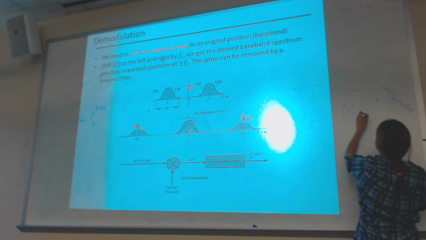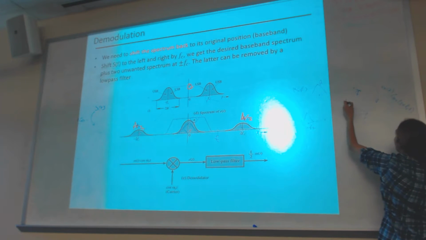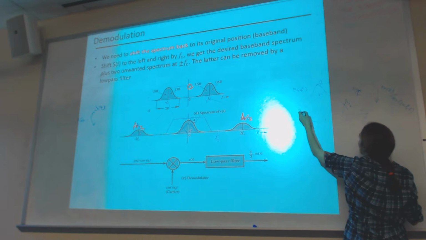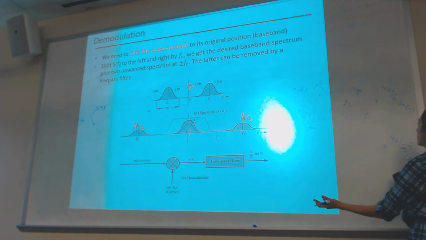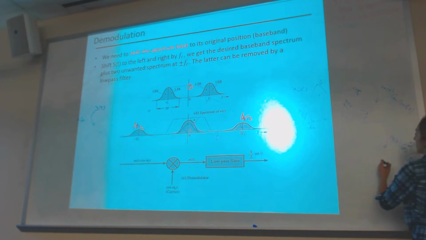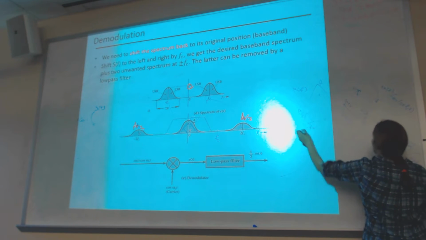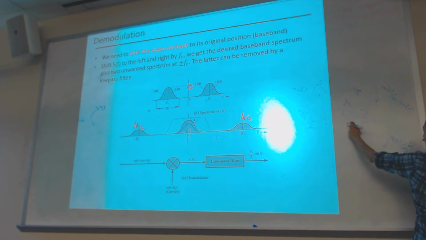In the frequency domain, I have half of it here, half of it there, shifted to Fc and minus Fc. Now if I multiply this by another cosine, so m(t) times cosine squared, in frequency, because I'm multiplying by cosine, again shift to the right, shift to the left. Shifting the whole thing to the right.